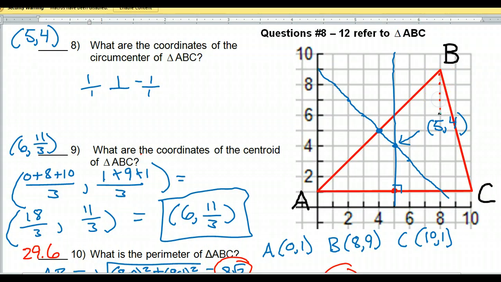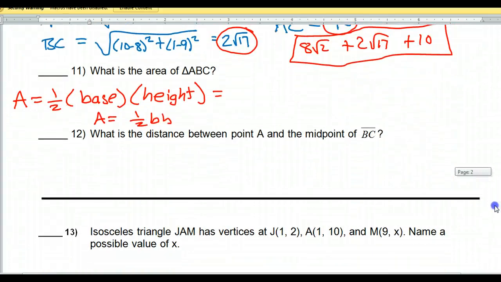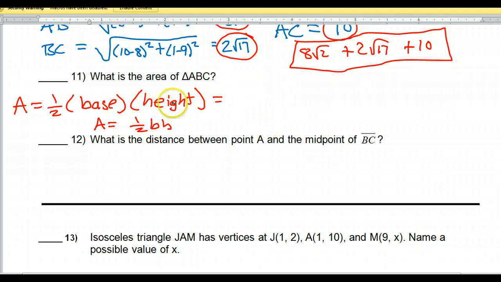But the height, you should be able to find the height as well just by counting the squares. This is the height right here. The height is the altitude of this triangle. If this is the base and this is the height, the altitude, this is going to be 8. See how it goes up to 9? But it's 1 off the ground, so I could count these squares, but it's going to be 8. So the base is 10 and the height is 8.